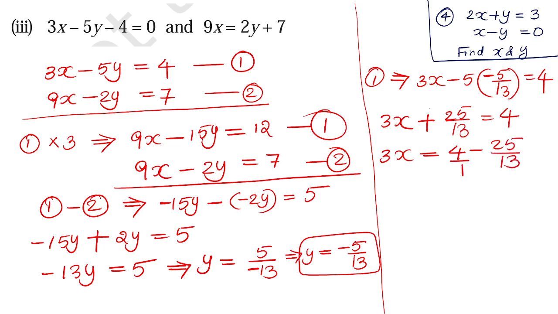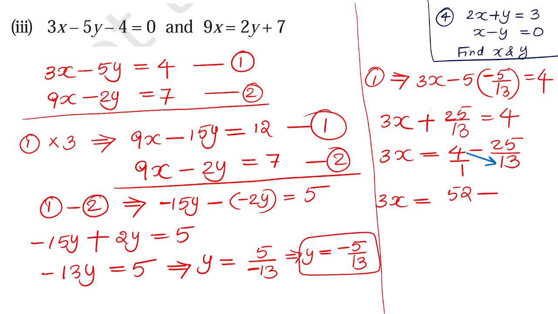Or you may write 4 by 1. You know the subtraction or addition of fractions. We do it like this, cross multiplication. 4 into 13 will be 52. Minus.